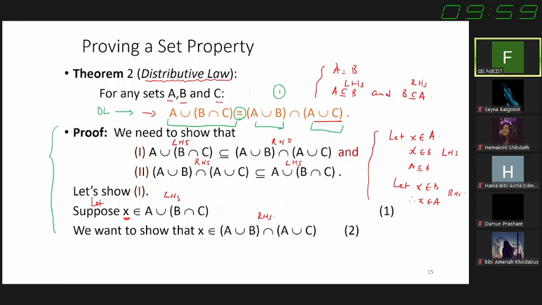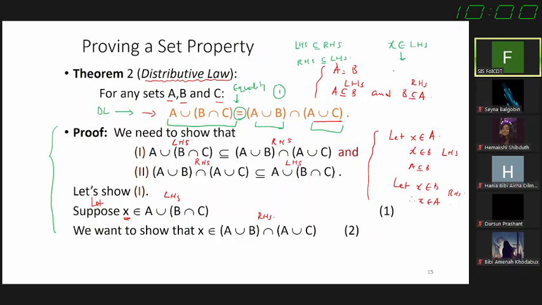If you want to prove this, since we are dealing with equality, you need to show that the left-hand side is a subset of the right-hand side, and the right-hand side is a subset of the left-hand side. To do that, it's pretty simple. You take the left-hand side and say X is an element of the left-hand side.